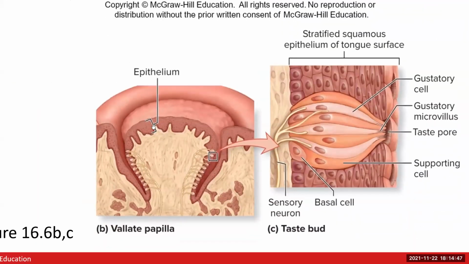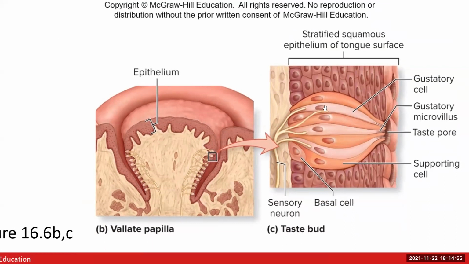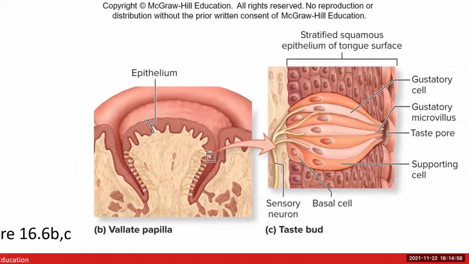All right, so the circumvallate or the vallate papillae have all these taste buds here on either side. As we zoom in, you can see a similar type of comparison between the olfactory sense and the gustatory sense, in that you have a cell that is going to be responsible for the taste sensation, like we had with the olfactory receptor cells in the nose.